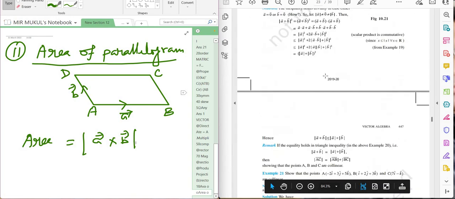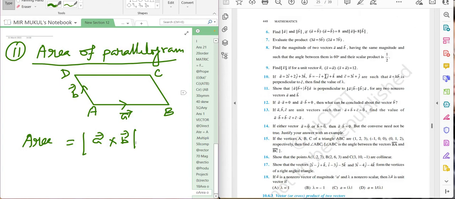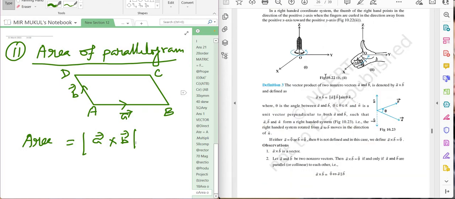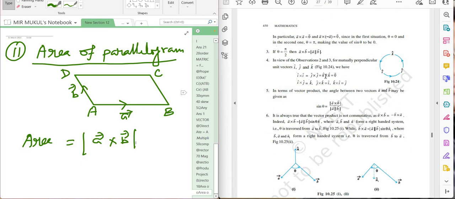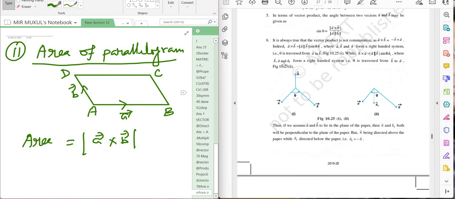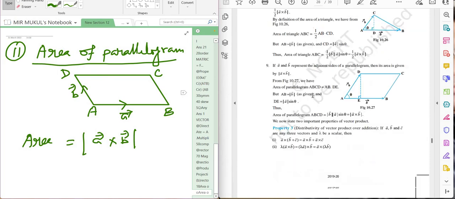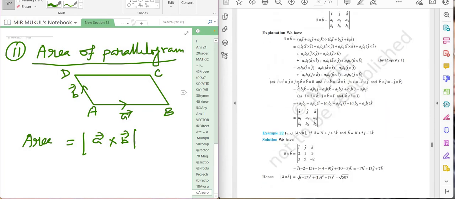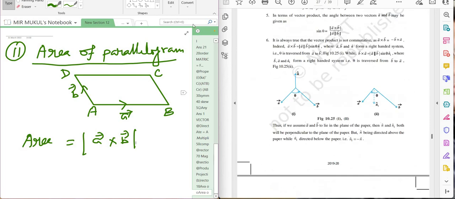So almost all concepts I explained. Vector scalar triple product is not in the deleted portion, that's why I'm not explaining. Some properties of vector product and scalar product you can check, but some good questions I'm solving.